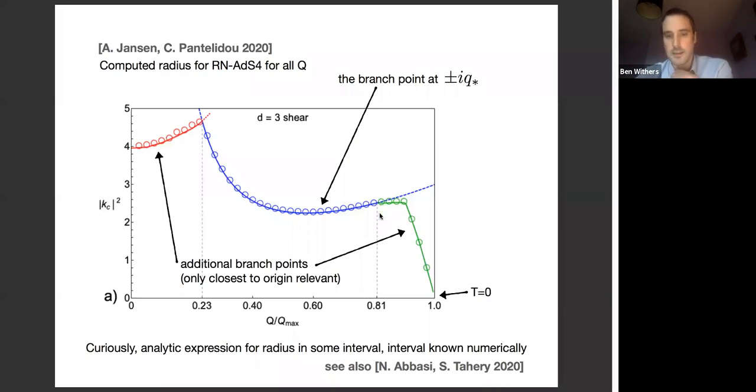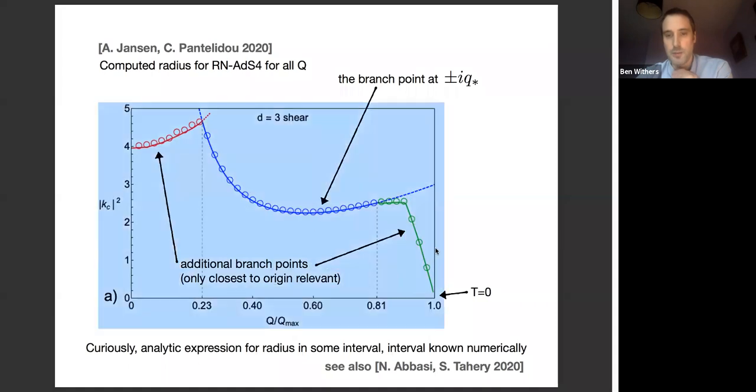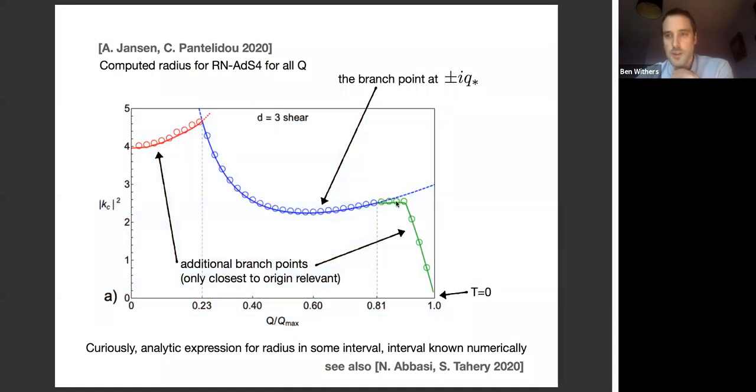And then similarly at large Q, as you approach the extremal limit, another branch point takes over, this green one. And interestingly, as you might anticipate, as T goes to 0, this branch point moves towards the origin, suggesting that the radius goes to 0.